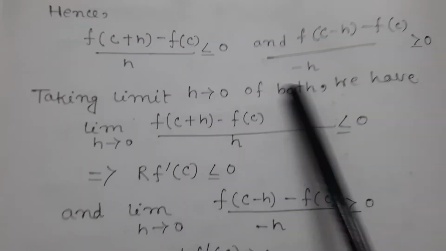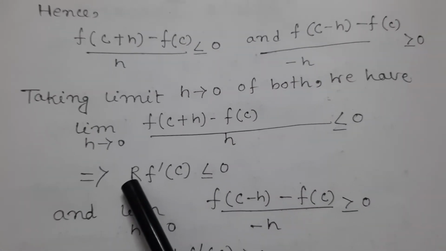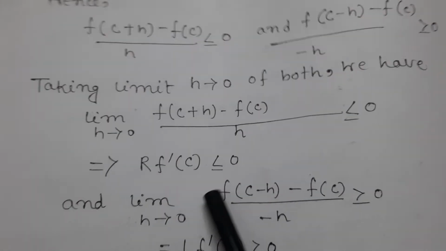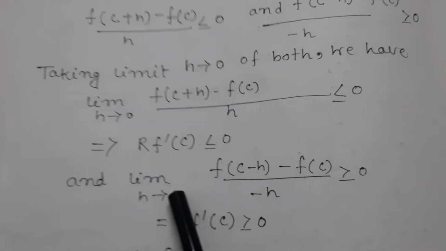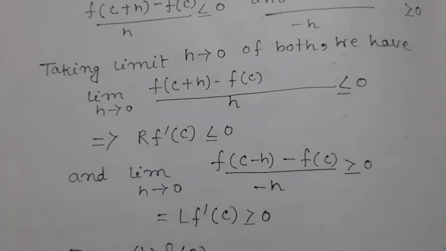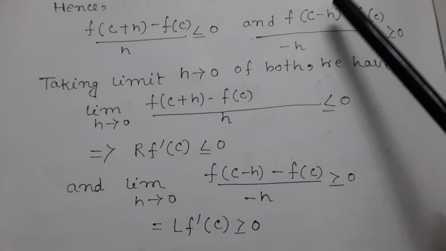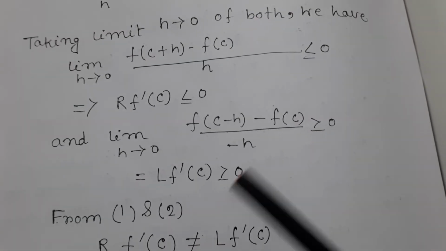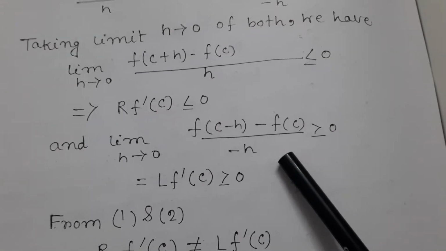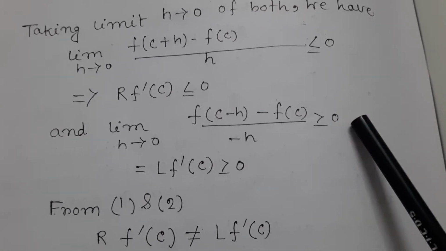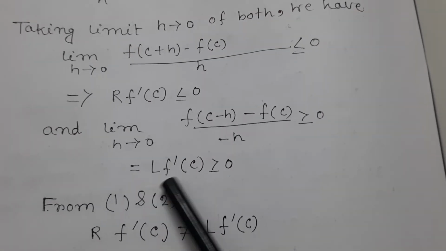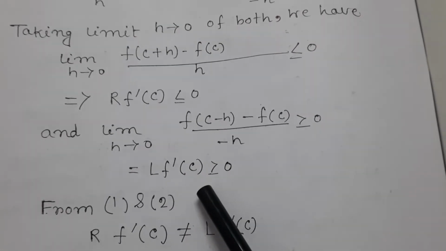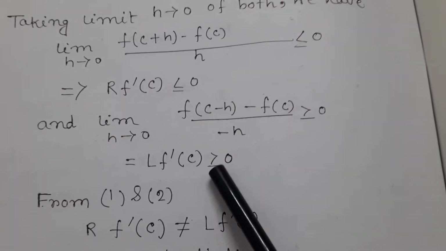This is our right hand part, so Rf'(c) is less than or equal to 0. But for the other case, the limit as h tends to 0 of [f(c-h) minus f(c)] by minus h is greater than or equal to 0, so the left side Lf'(c) is greater than or equal to 0.